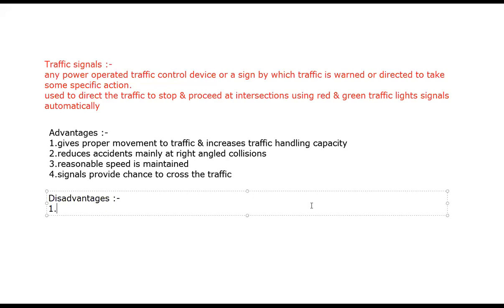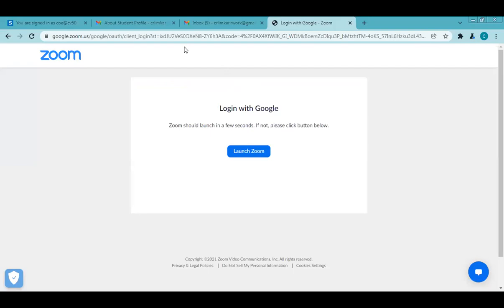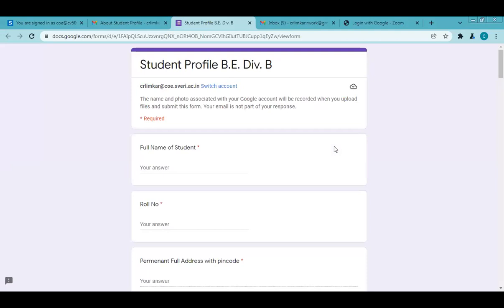Just click on the share screen tab. Yes. So I made you co-host now. You can share the screen. Okay. My screen is visible.